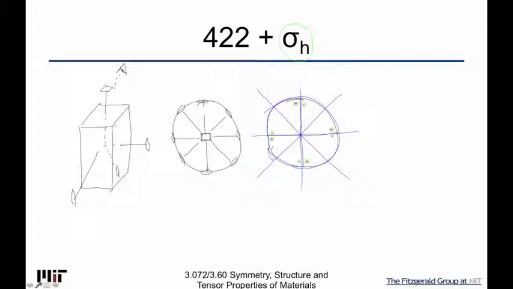I mean, we know that because of our previous, remember we said a pi is buried in a lot of things, and here's another example. We have a horizontal mirror plane, and we know we're going to have an inversion center. But in this particular case, the inversion center actually doesn't relate all the elements in a unique way, and is not really necessary to describe the group, even though it is there.